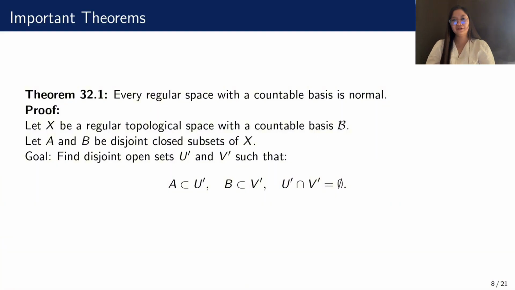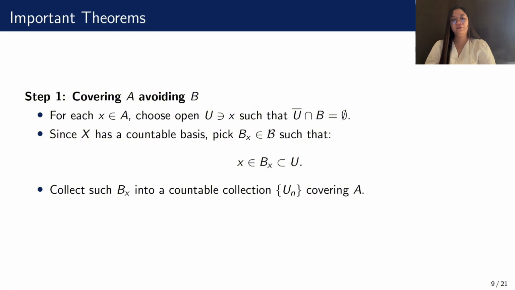So we have to find disjoint open sets U prime and V prime such that A is a subset of U prime and B is a subset of V prime, where U prime intersection V prime is empty. Okay, so how can we do that? First, we cover A avoiding B, which means that A should be disjoint from B.